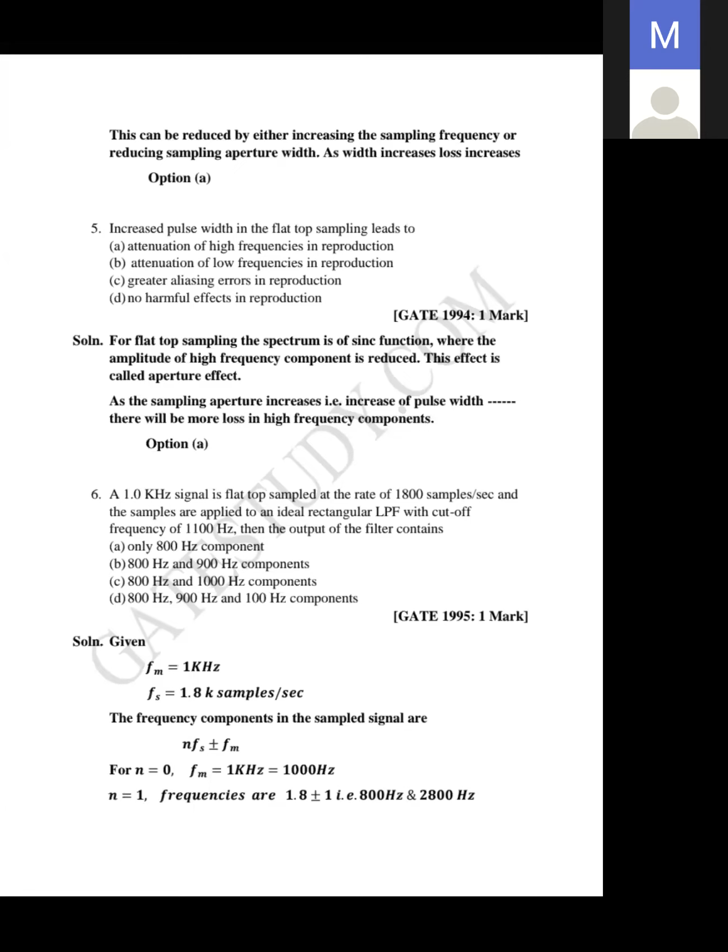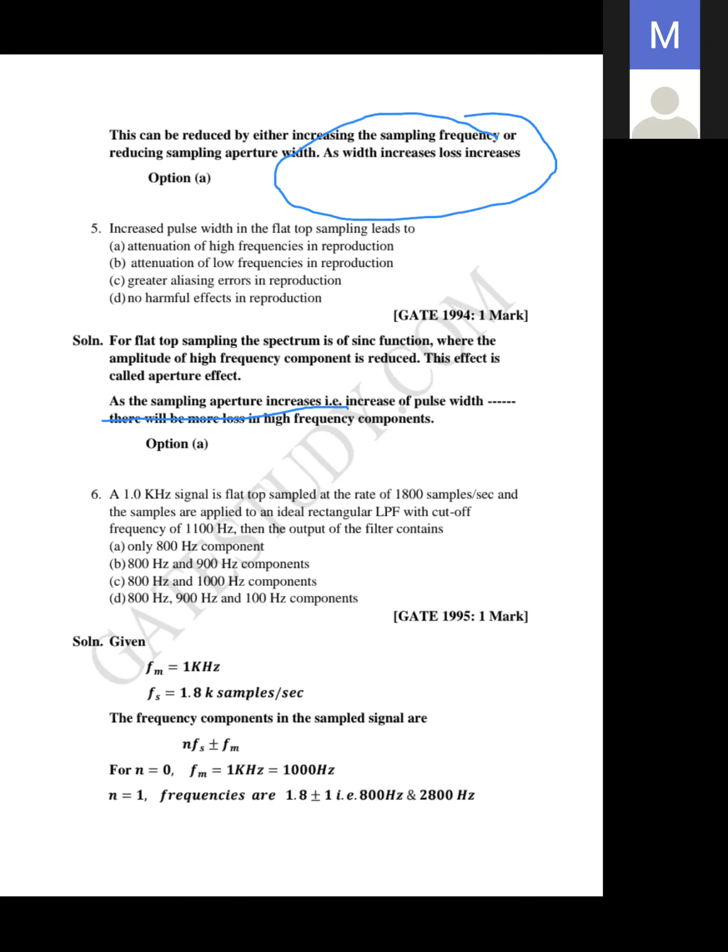This effect is called the aperture effect. As the sampling aperture increases, that is, the pulse width increases, there will be more loss in high frequency components. So same as before: as width increases, loss increases. Both are similar.